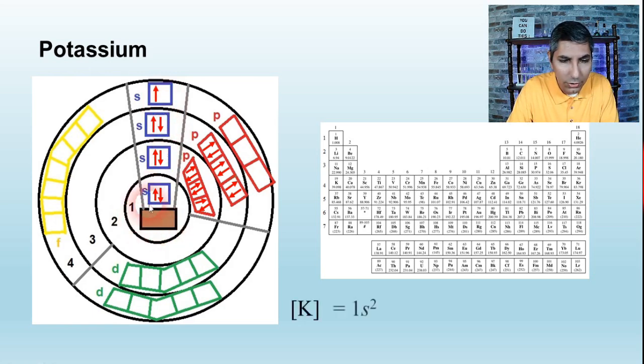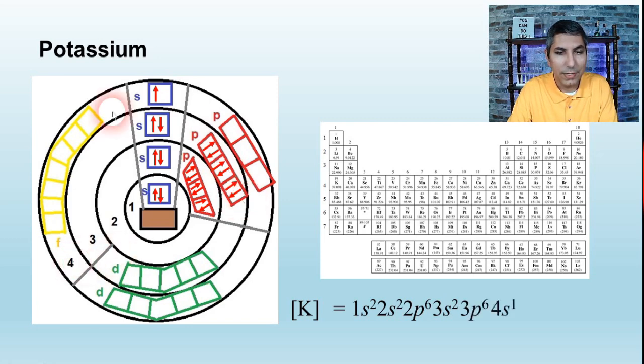We have 1s2, 2s has 2, 2p has 6, 3s has 2, 3p has 6, and now we're in level 4, section S, seat number 1. So it ends with 4s1.